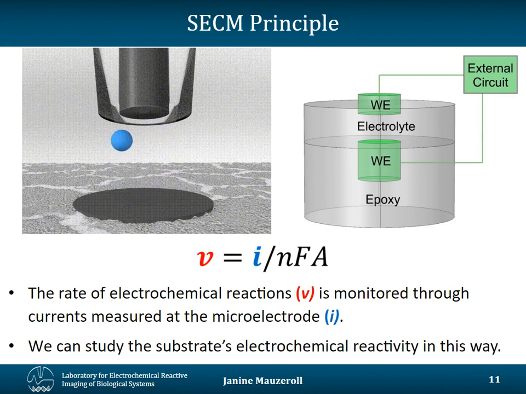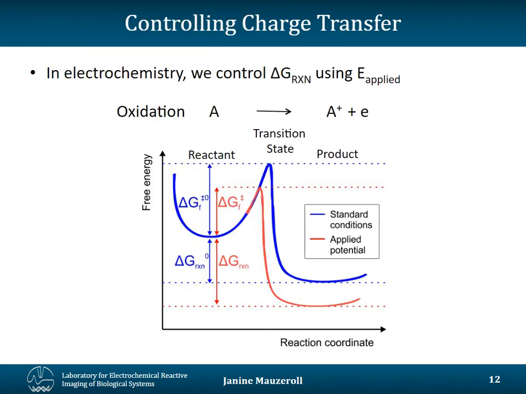And so if we think about it a little bit more, by controlling the applied potential either at the microelectrode or at the underlying substrate, what we're effectively doing is controlling the delta G of the reaction using the applied potential, making it more or less favorable, which is what I'm trying to demonstrate here in the red curve that now has a more favorable delta G in order for the reaction to occur.